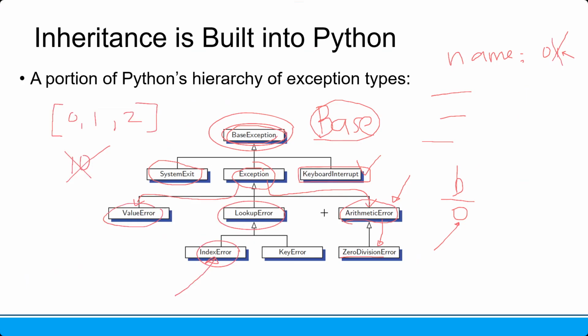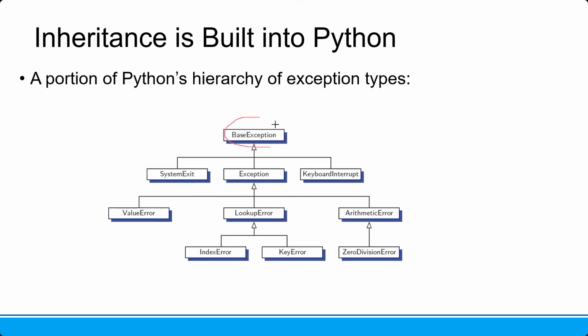So every error has its own class. This is what they call inheritance. When you have a base exception, then you can create another new error, and another new error, and another new error, as long as you have the base class.